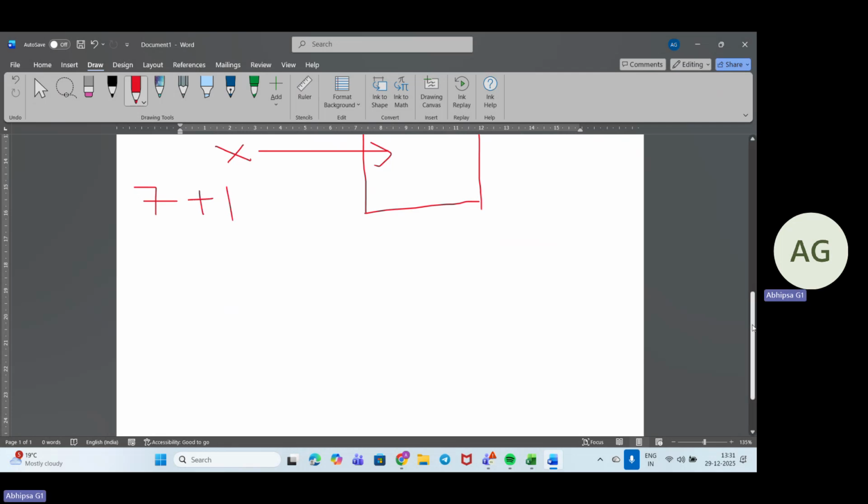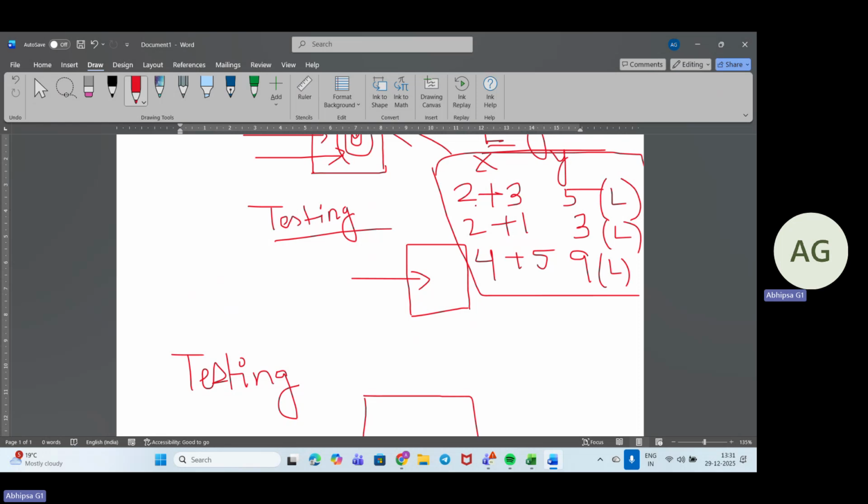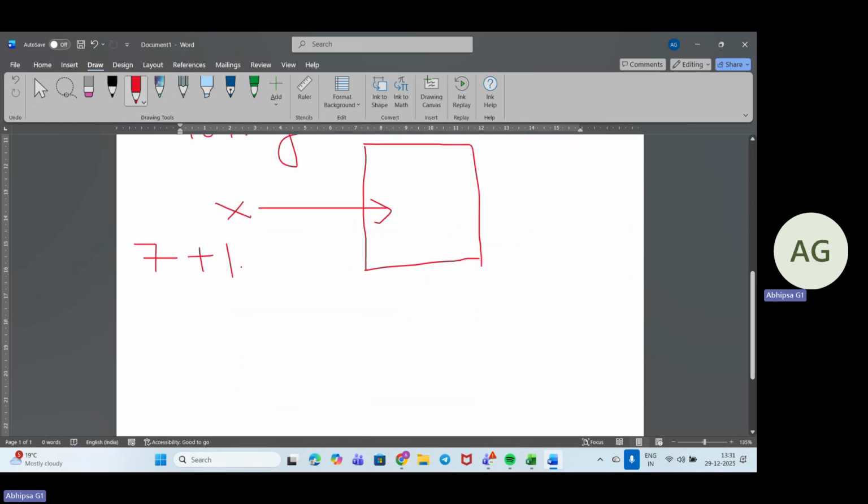Okay. So you can see the data that we have given is 2 plus 3, 2 plus 1, 4 plus 5, but this data, 7 plus 1, we haven't given. So this data is totally unknown to my model, right? My model doesn't know it.